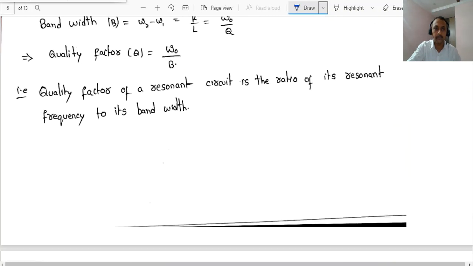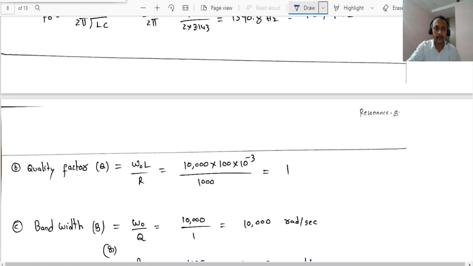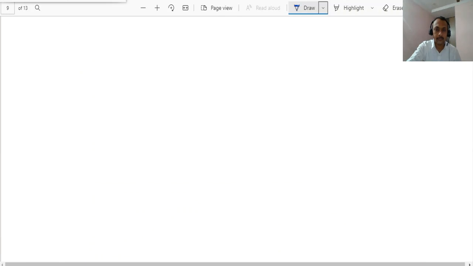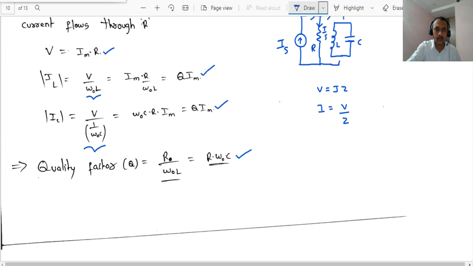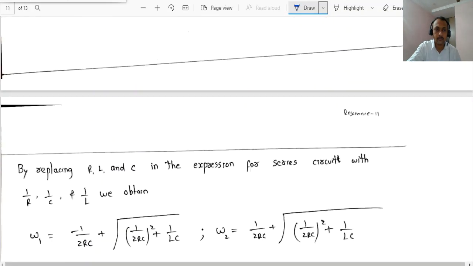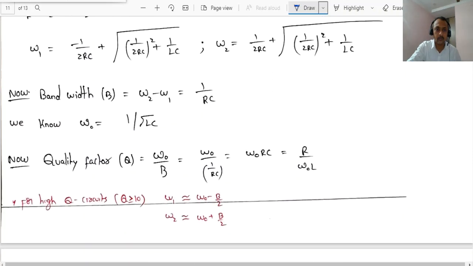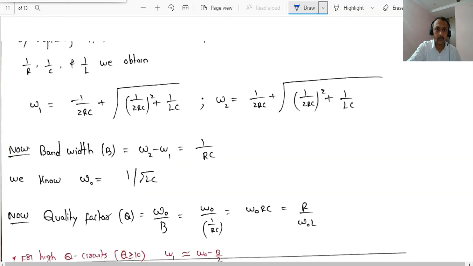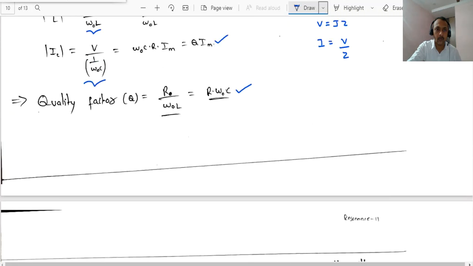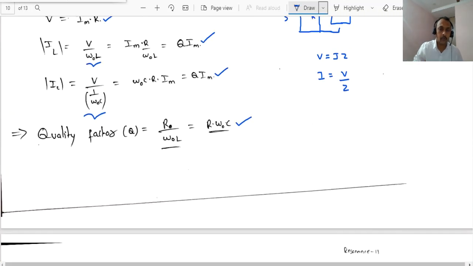Similarly, here quality factor Q equals R by omega naught L, and it is also the same as R times omega naught C, right?